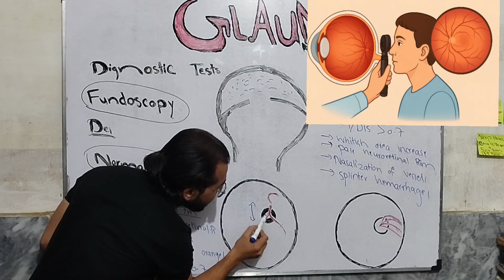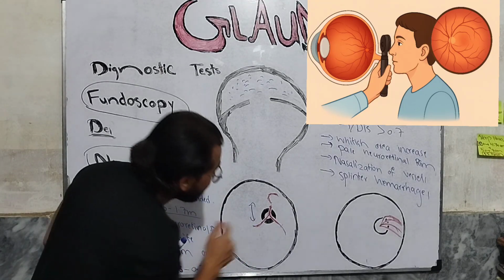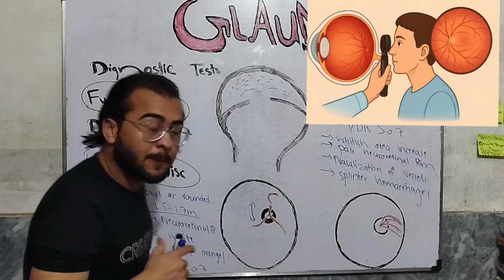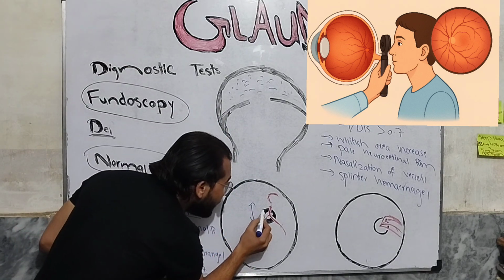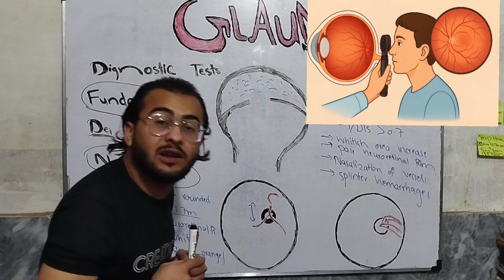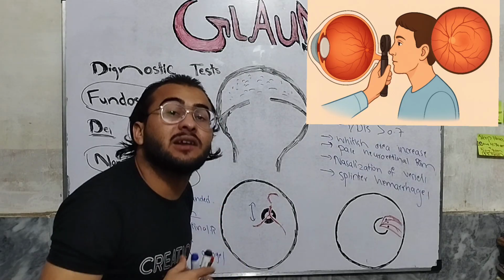The center white region from which these vessels originate is called the optic cup. And this blackish, thick area is called the neuroretinal rim. So we have the optic cup and the neuroretinal rim.